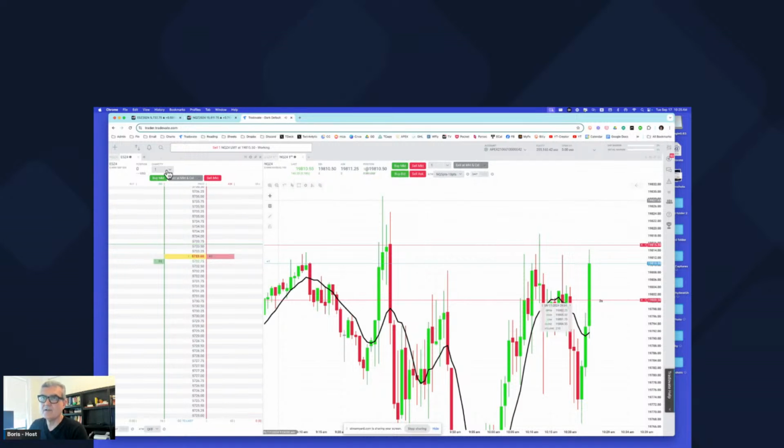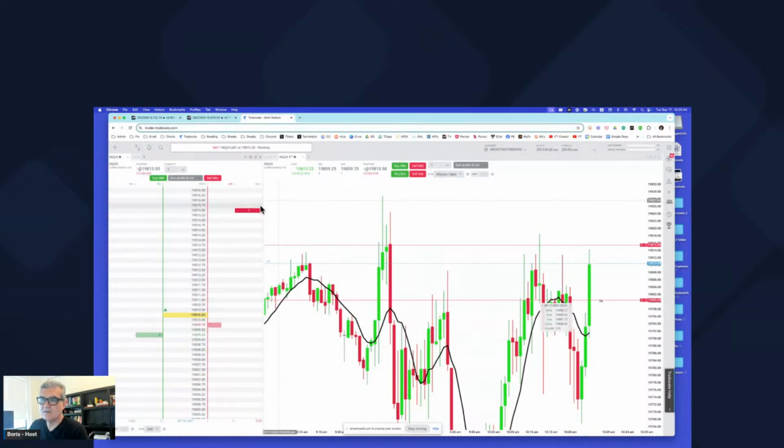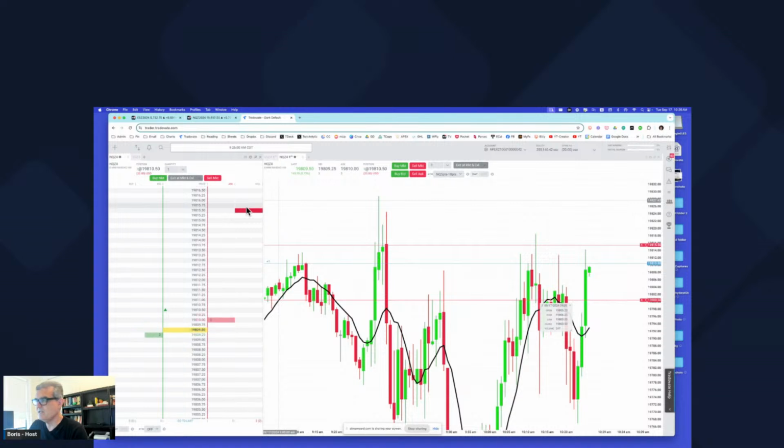I'm at 810. My target is 815. But it could stop me out on the retrace because it's just a huge move. Let's see if I get any more juice on this thing.